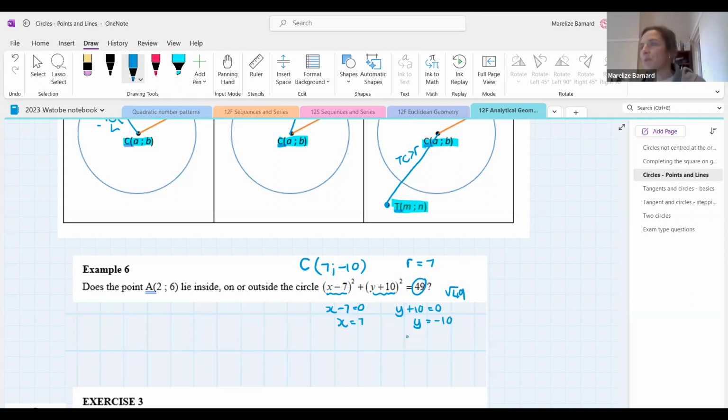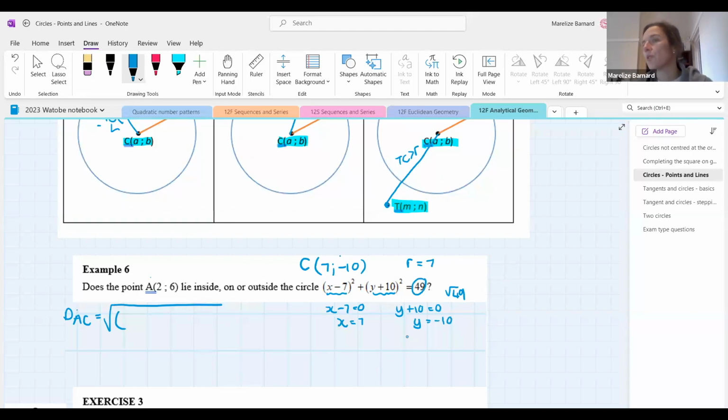Okay, so now we're going to put the pieces of our puzzle together. We're going to work out the distance from A to C, the distance of AC. For that, we can just use our distance formula, because that'll work for a distance. Here's A, there's C. And why are we working this out?